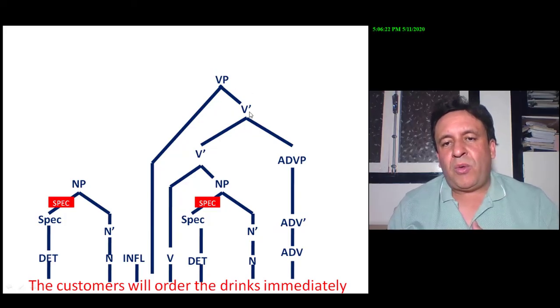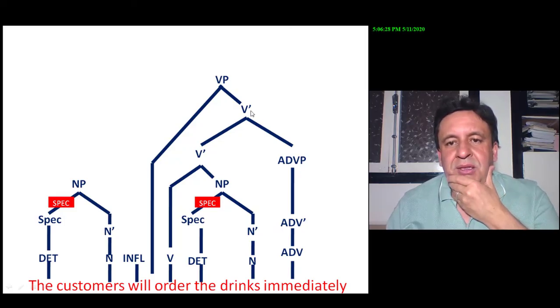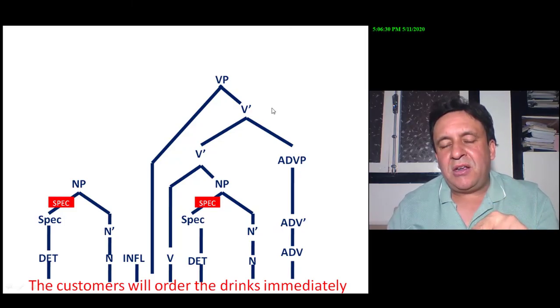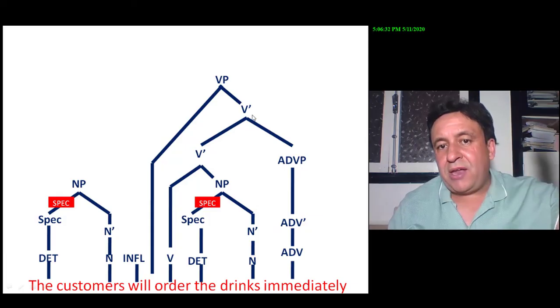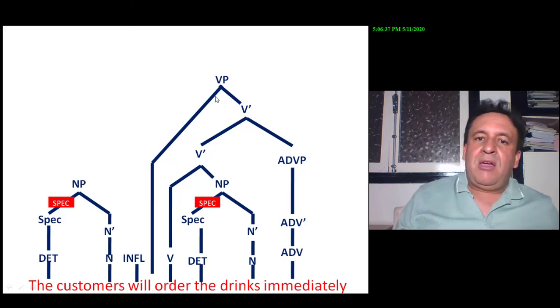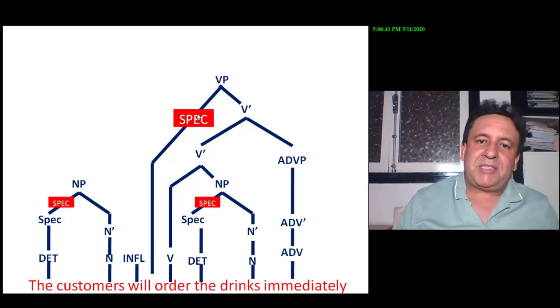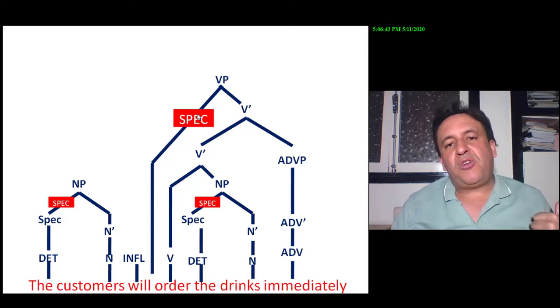Once you decide that there is a V bar, you should project onto a higher level, which is that of the maximal projection VP. Again, because this is a maximal projection, it must have a specifier. What is its specifier? As I explained to you before, the specifier of the VP is the subject.